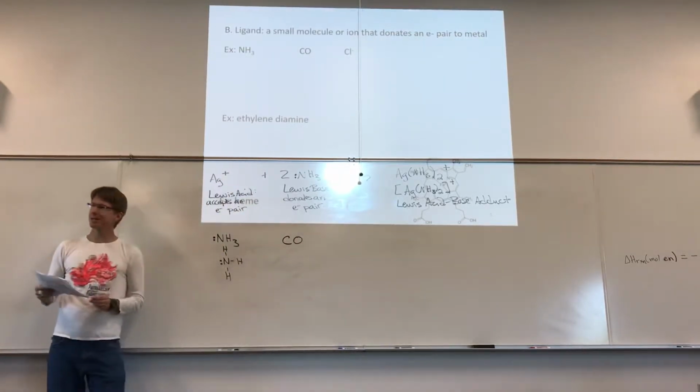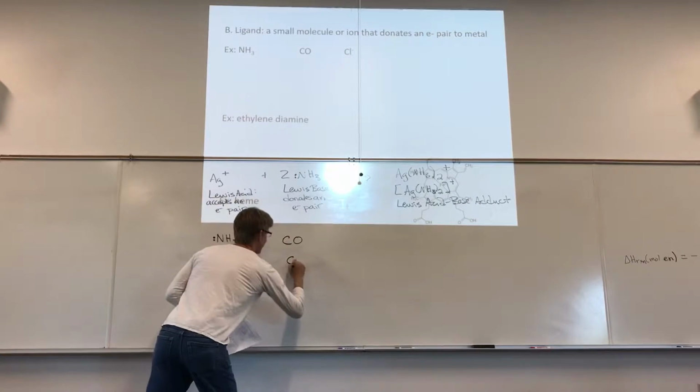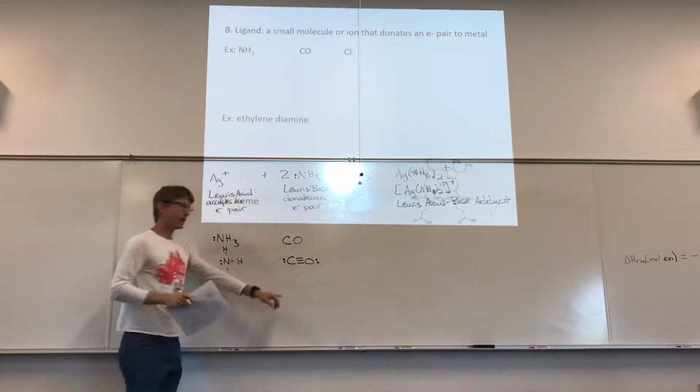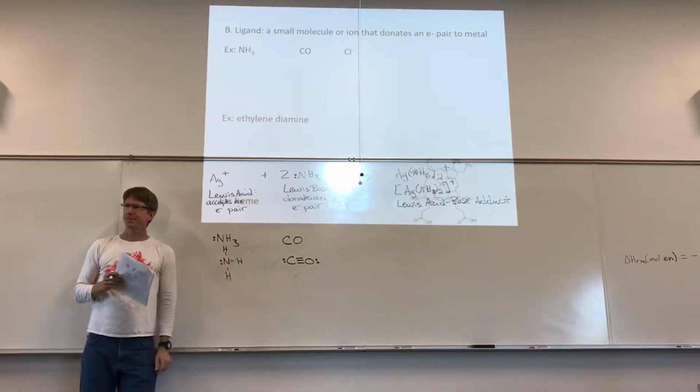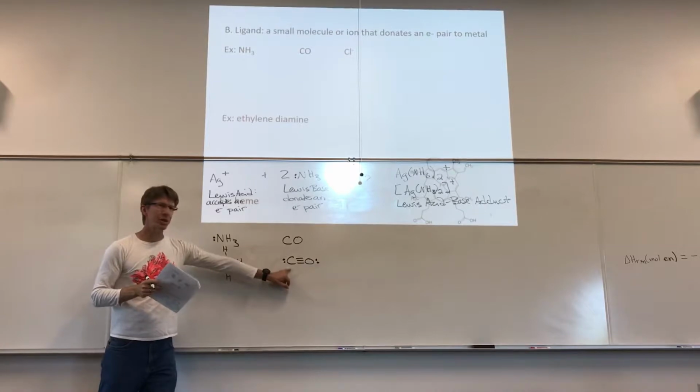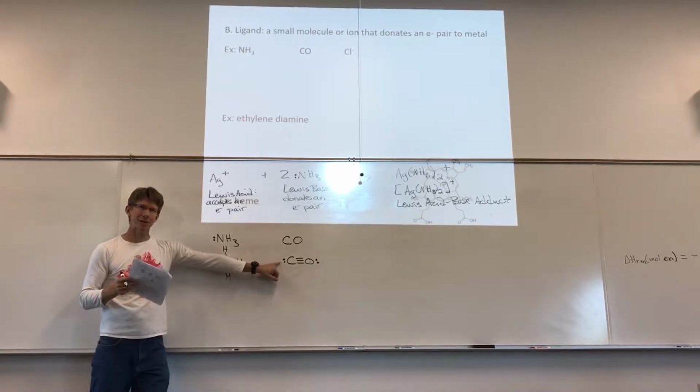For carbon monoxide, the Lewis structure looks like this. And it turns out that it's the carbon that donates the pair of electrons.